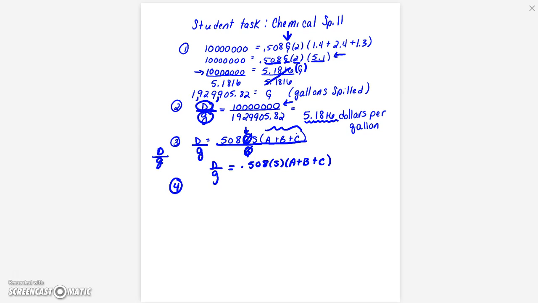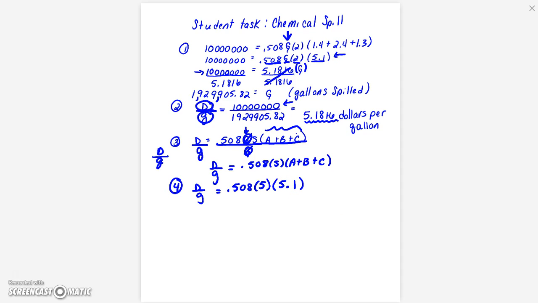So our answer, our dollars per gallon, is going to be 0.508 times, and instead of S, we're going to make that the worst possible number, which is 5. And then A plus B plus C, if you remember, when I added those together, it was 5.1.